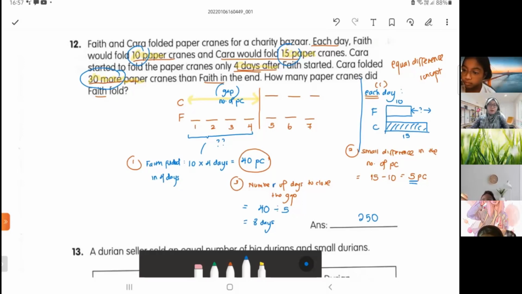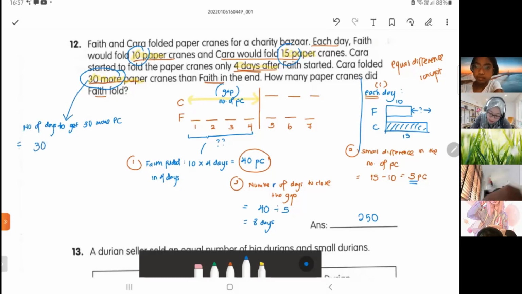Okay, so we want to find out the number of days to have 30 more. How do I get the number of days? I take 30 divided by the 5 again. Always go back to the small difference. Divided by 5 equals 6 days.